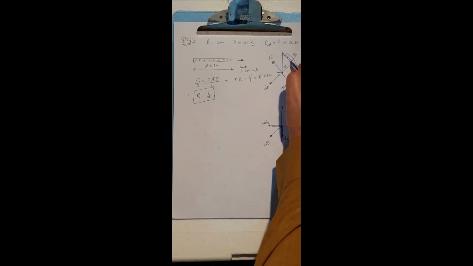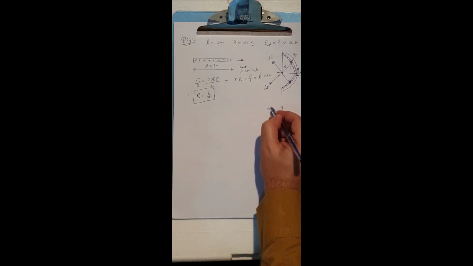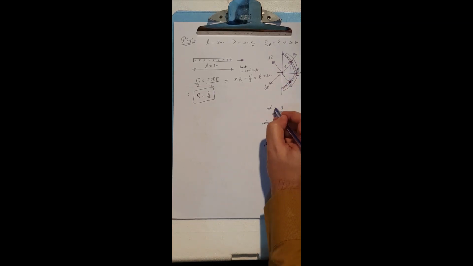This is for this element. But what about this other element dq? It has dE this way. So suppose this is number 1, this is number 2, this is dE number 1, this is dE number 2. Again, this dE gives you dEx and dEy.